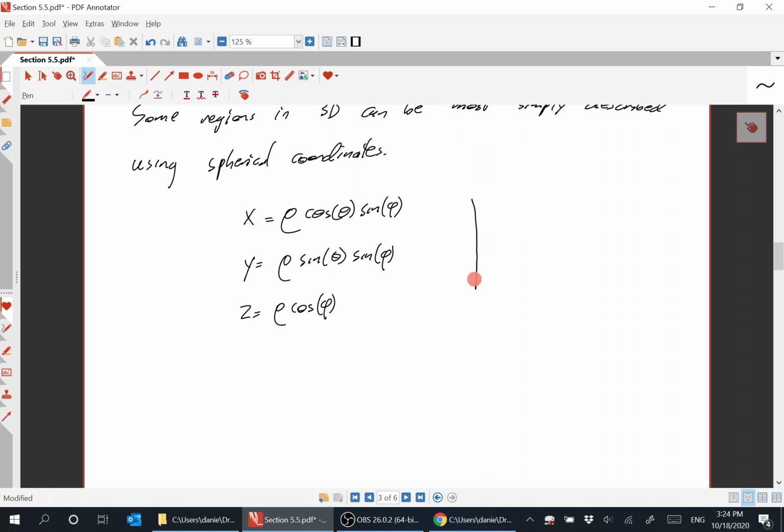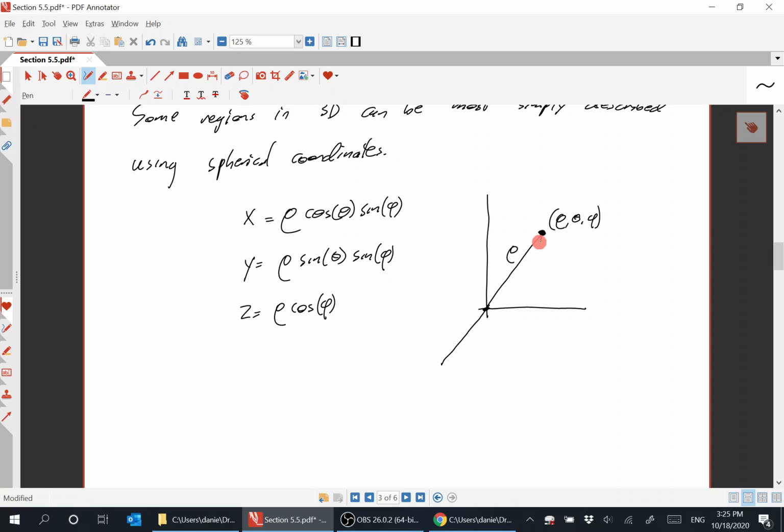And what the meanings of rho, theta, and phi are is as follows. You have a point in 3D space, and it has a distance rho from the origin. And so this is the point (rho, theta, phi).